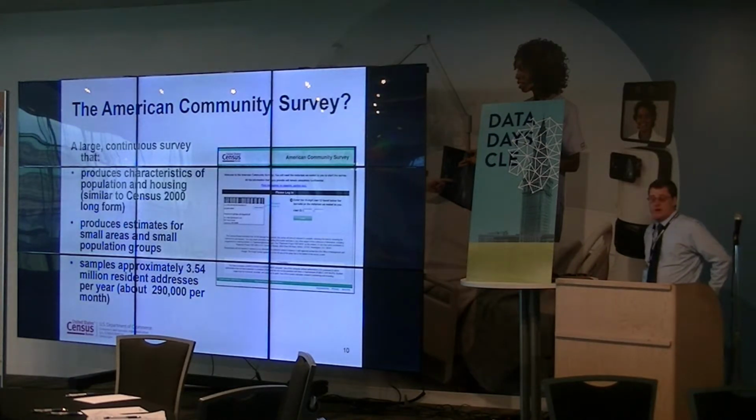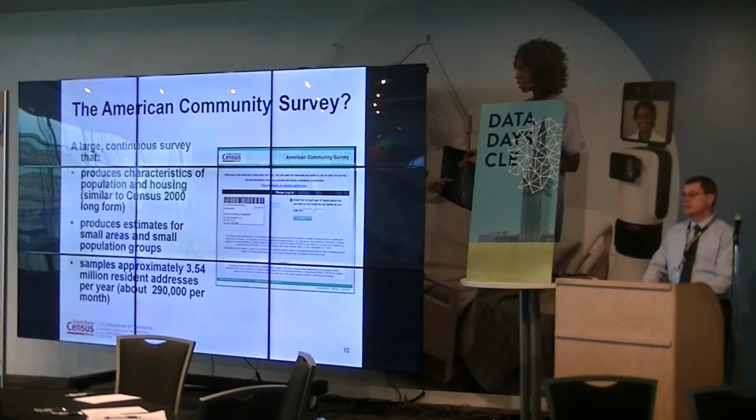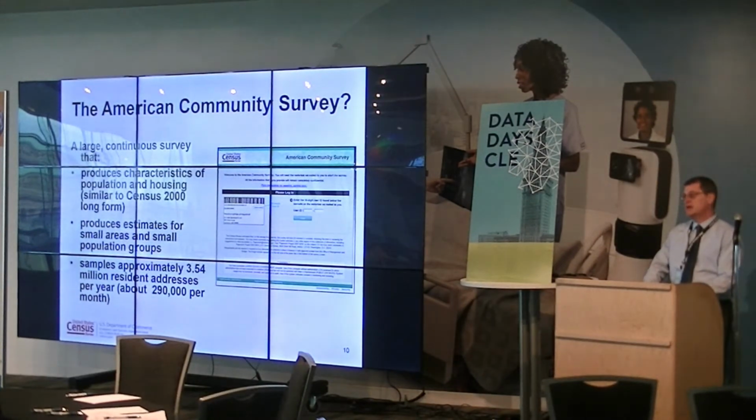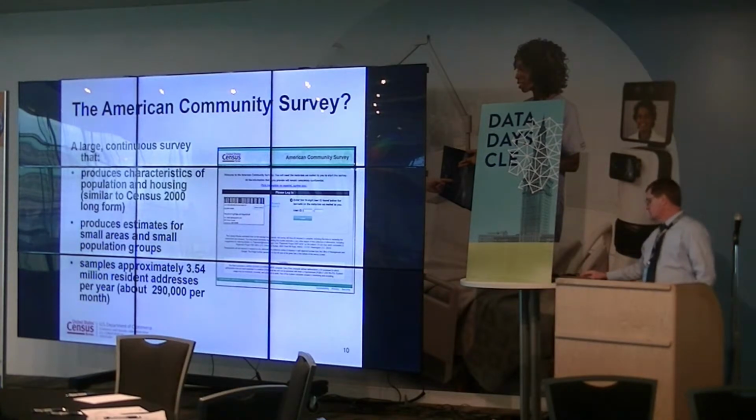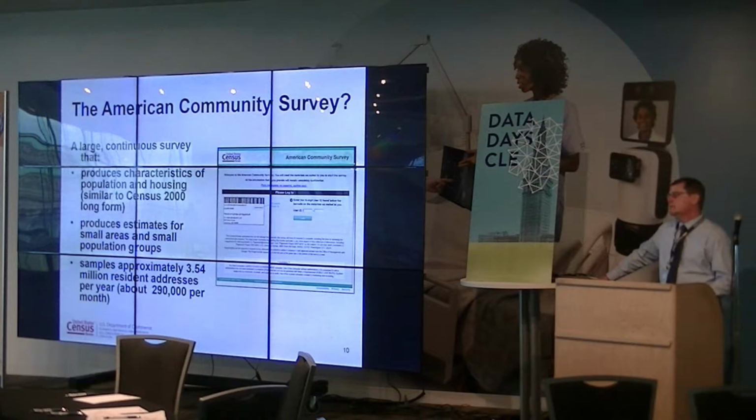And as I said, the American Community Survey is our biggest survey. It's in every single county in the United States. You get estimates down to the block group level. It has a sample of 3.5 million a year, and that's roughly 290,000 a month. For those of you who aren't aware of it, it is mailed to your address.